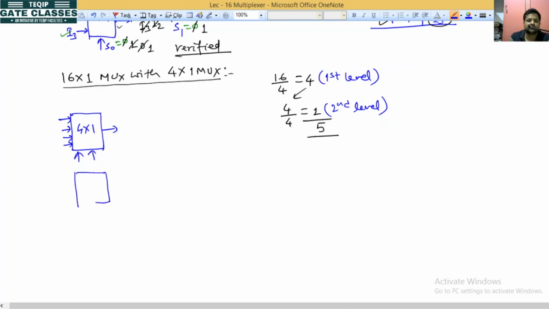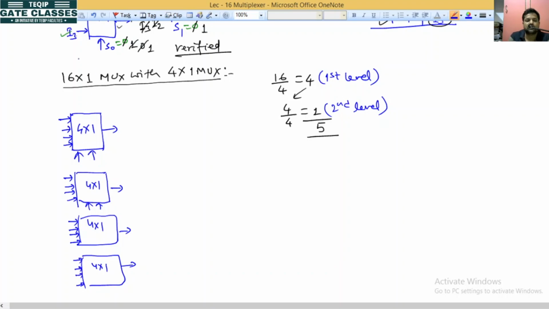Again 4x1 mux, we have again 4 inputs, 1 output, again one more, and 2 selection lines here. 4x1 mux, we have again how many? 4 input, 1 output, again we have one more 4x1 mux, so 1 output and 4 input.